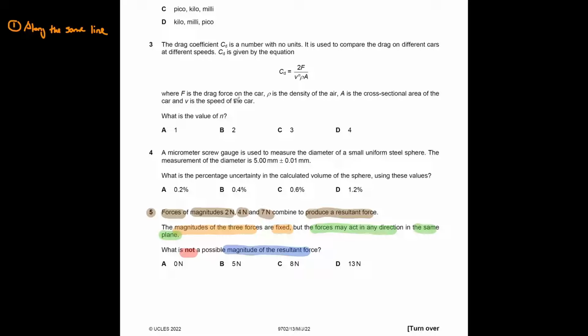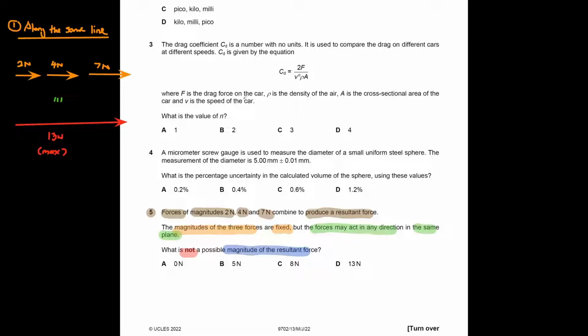So when they all act along the same line, the easiest example to consider would be all of them acting in the same direction. So you have the 2 Newton, the 4 Newton, and the 7 Newton all acting towards the right. You will get a resultant of 13 Newton pointing towards the right too. So this resultant force is actually the maximum possible.